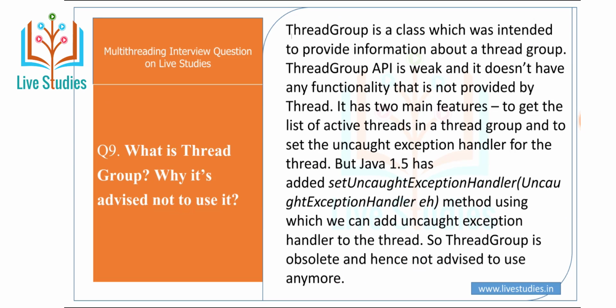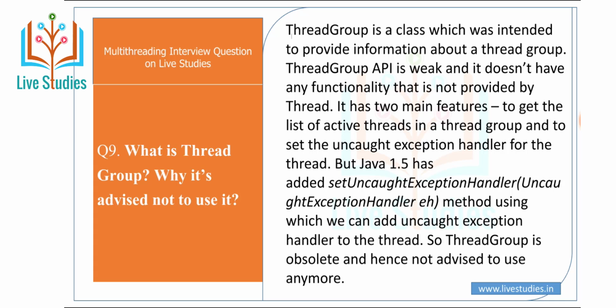Another question is, what is thread group and why is it advised not to be used? Thread group is a class that was intended to provide information about the thread group. Thread group API is weak and does not have any functionality that is not provided by thread. It has two main features: to get the list of active threads in a thread group, and to set the uncaught exception handler for the thread.